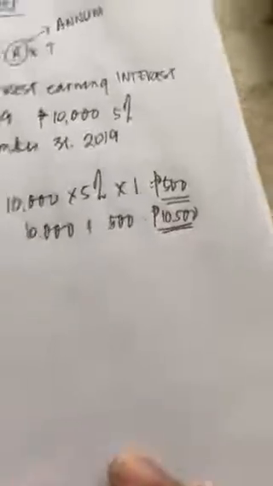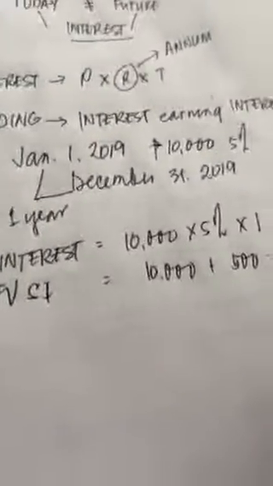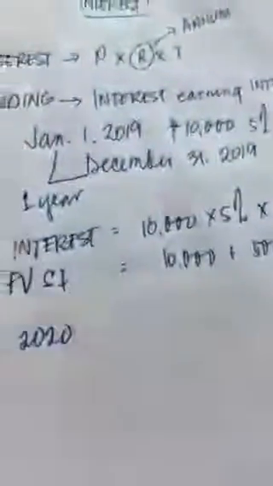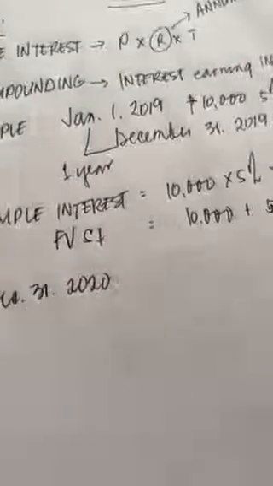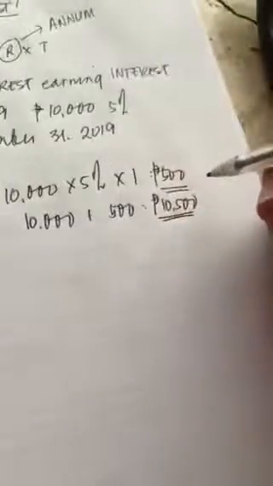Now, what if we say you'd like to find the value of your investment on December 31, 2020? So here it involves 2 years already, right? Again, using the simple interest, we know that the 10,000 that will earn 5% is 500 pesos in terms of interest.